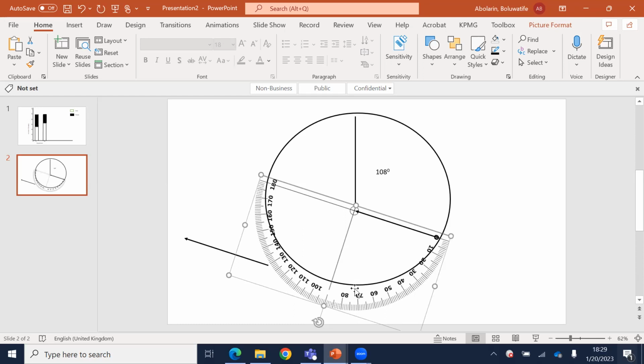So the next one is what? 90 degrees. And 90 degrees where? Is here, right? If this is 80, this is 100, the middle here will be what? 90 degrees.